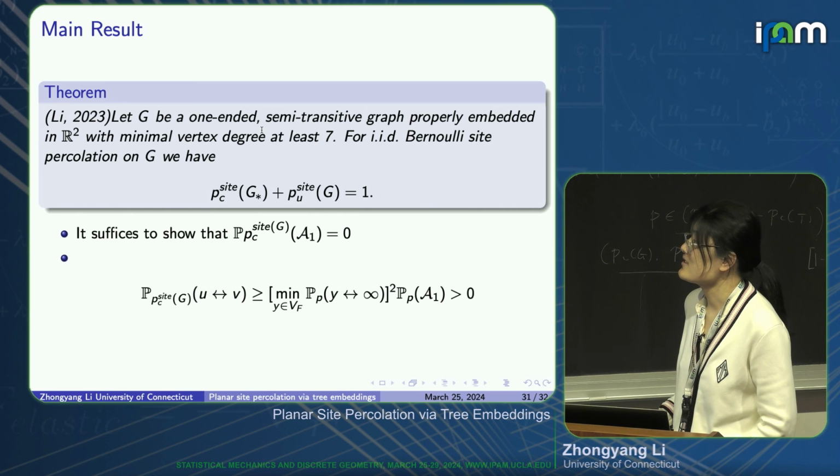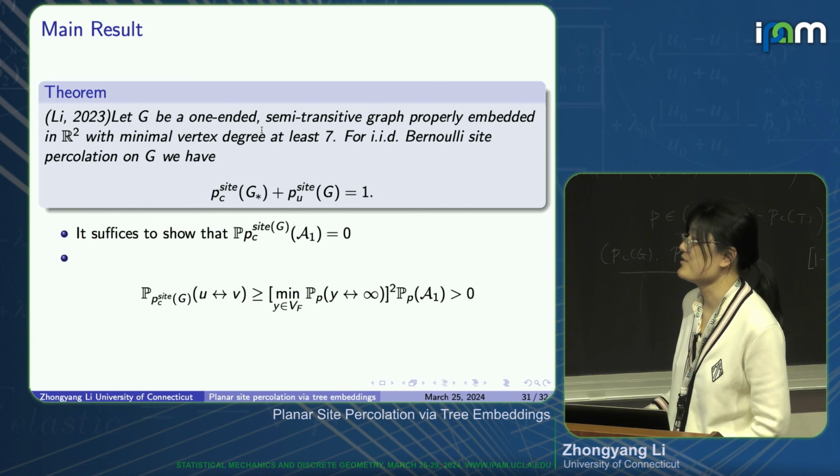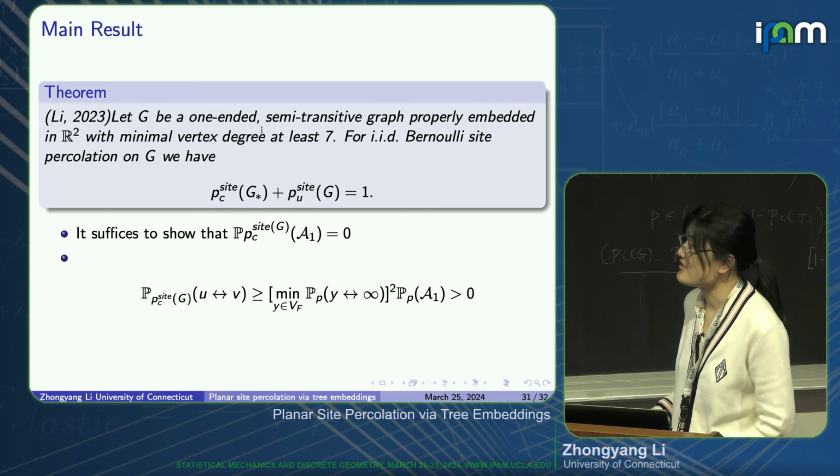Then we consider Y among those finitely many vertices, and the minimum over all such Y of the probability that Y is in an infinite cluster is bounded below by a positive constant. But the connection probability between U and V always decays to 0 exponentially with respect to distance in the matching graph. So the left-hand side is 0, and the right-hand side is P of A1 multiplied by a positive constant. So this P of A1 has to be 0.